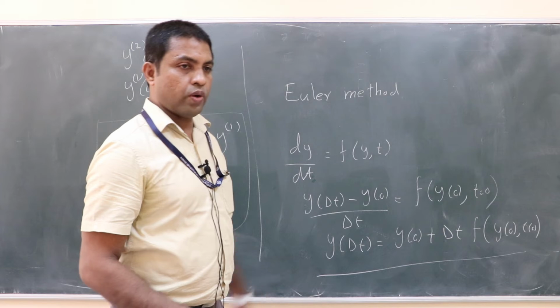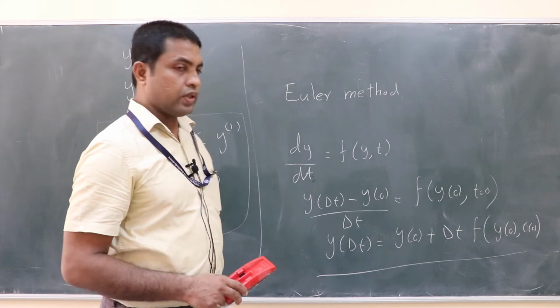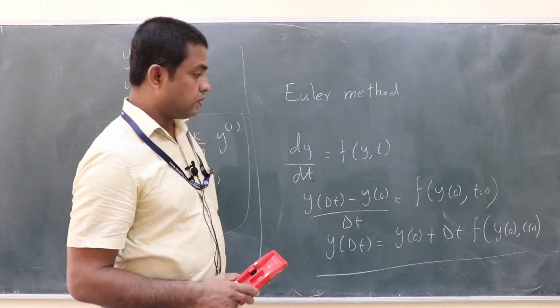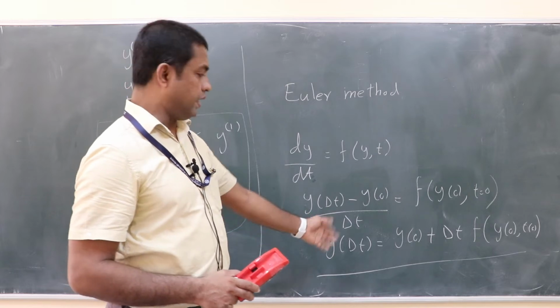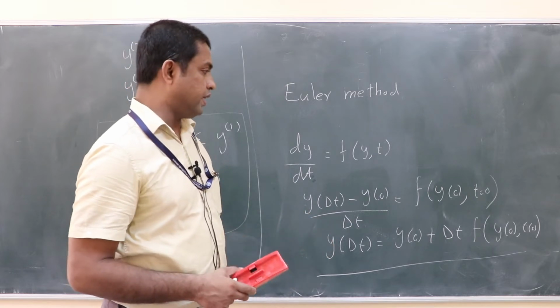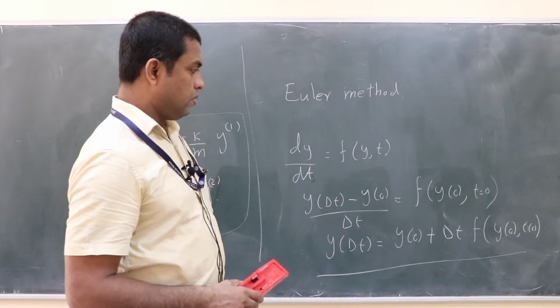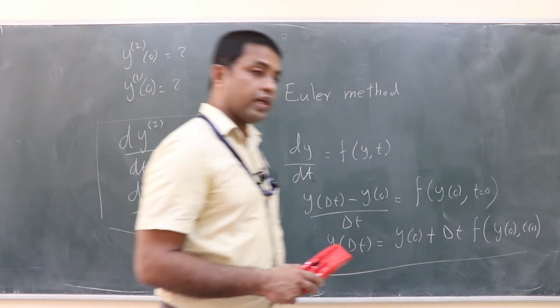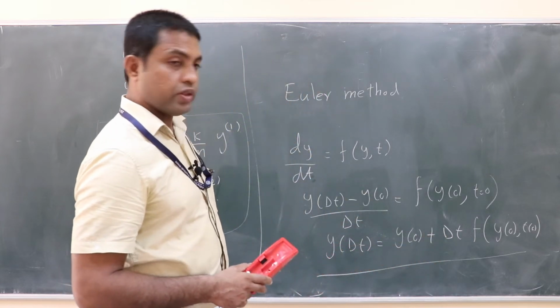So using this formula you can calculate y at any time, because if you know it at delta t, you can calculate it at any time. But there will be an error. Which order error are you expecting in terms of delta t?